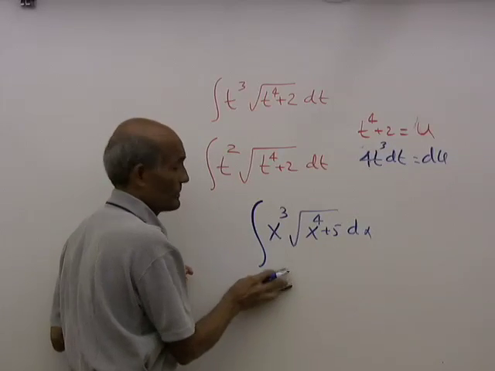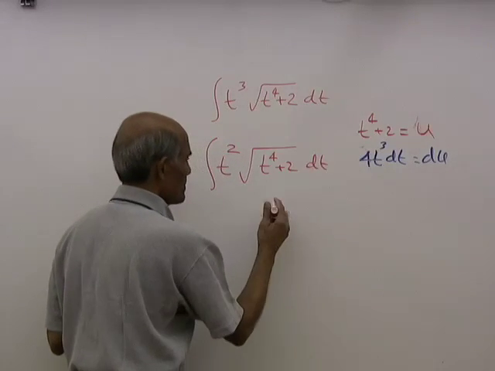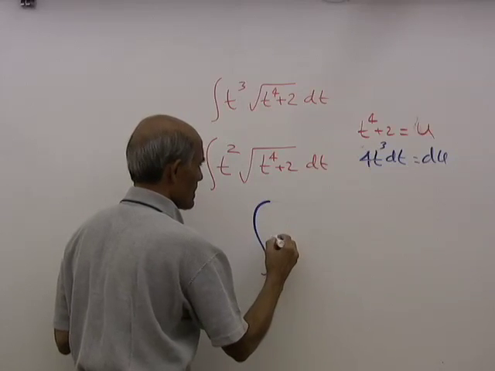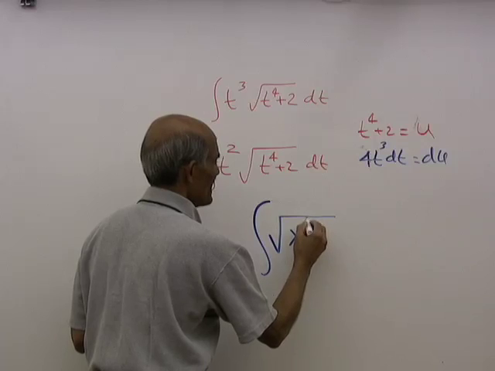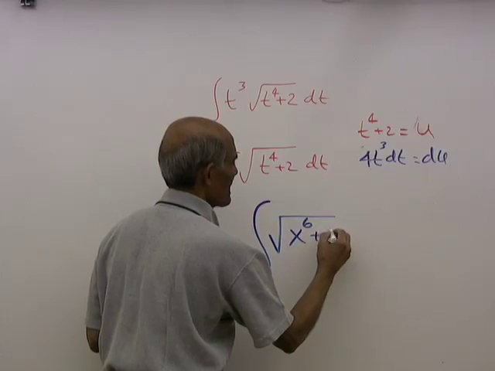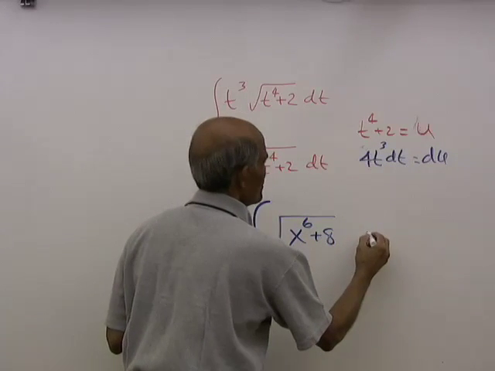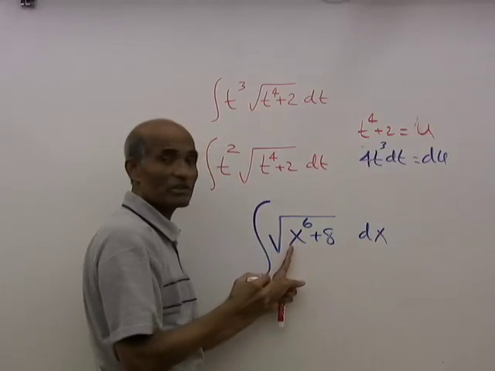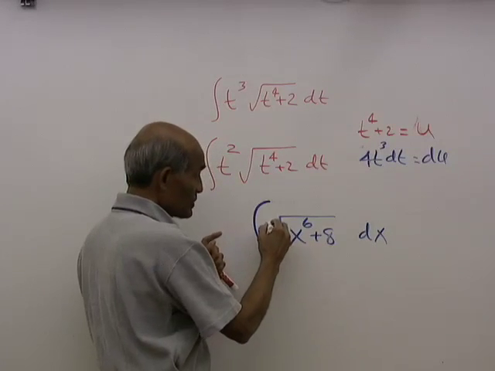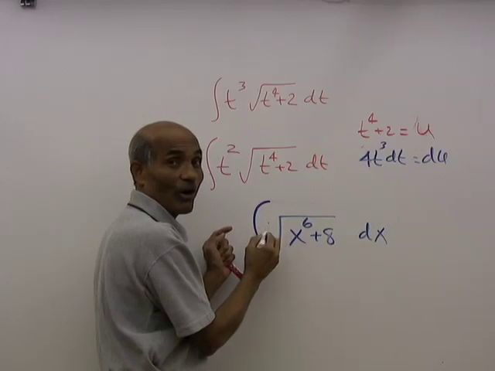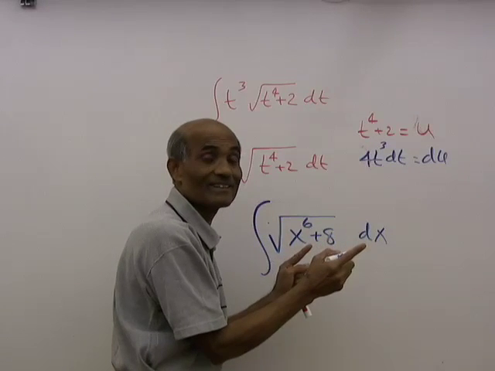Similarly, I'm going to write another one. Now, integral, let me write the square root first. Integral square root of x to the power of 6 plus 8 dx. Now, can you integrate this? No. But if there is an x to the power of what outside?